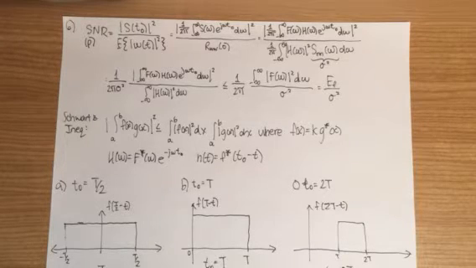It's also good to note that the unit spectral density S of omega also equals 1.